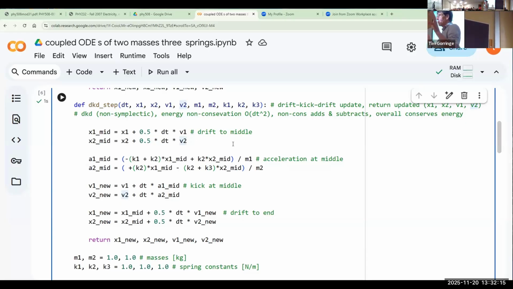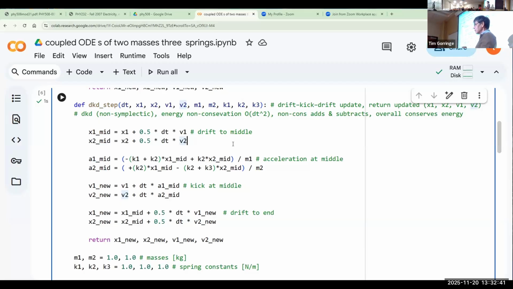The return of the function is exactly the same return as the Euler method. It's getting the current positions and velocities and reporting back with the new positions and velocities after the time interval, delta t, that we want to step forward. It does it by a drift-kick-drift method.